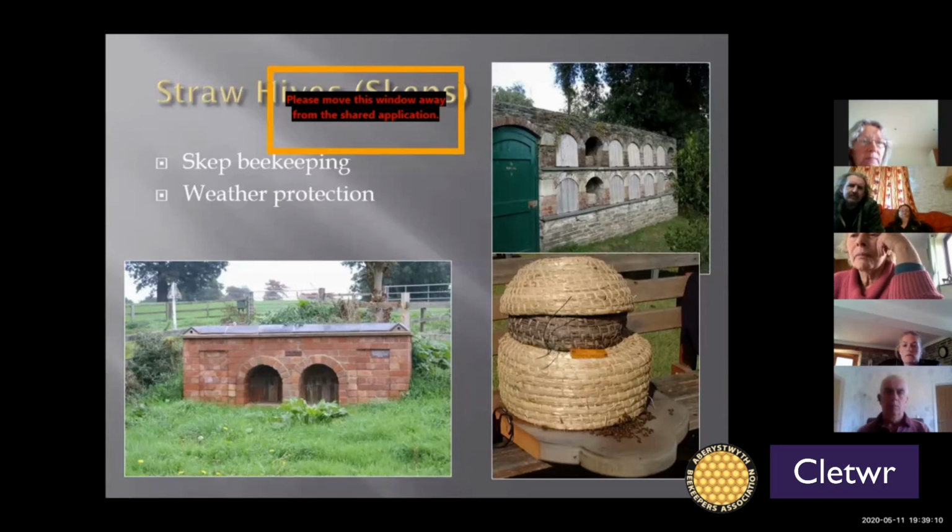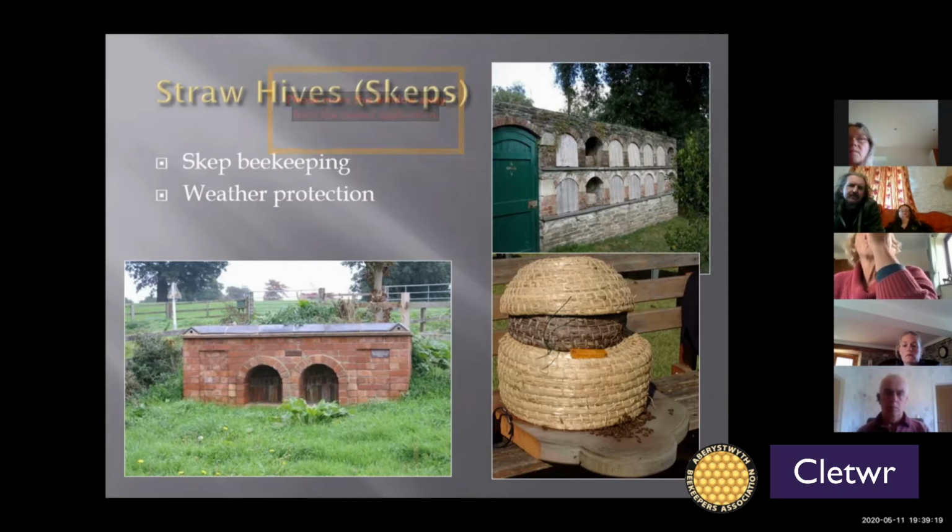And they had a different idea altogether about the bees. They actually had to kill the bees to collect the honey. So they wanted their bees to swarm frequently so that they had lots of skeps and lots of beehives. And they used to let them just swarm, and then they'd pick them up.